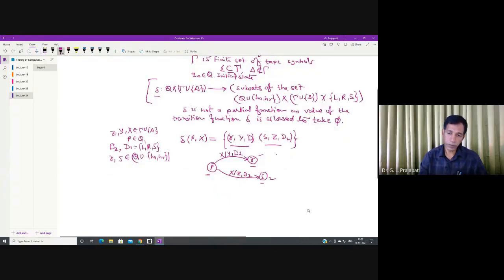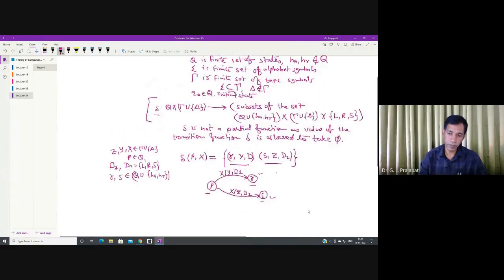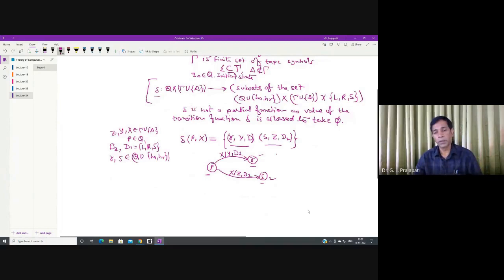The configuration of the machine is the same as in the case of the deterministic Turing machine. Your NTM can go from one configuration to another configuration. Your NTM may be in a configuration like P, which is the current state, with X1, A1, and Y1. So this may be one configuration.